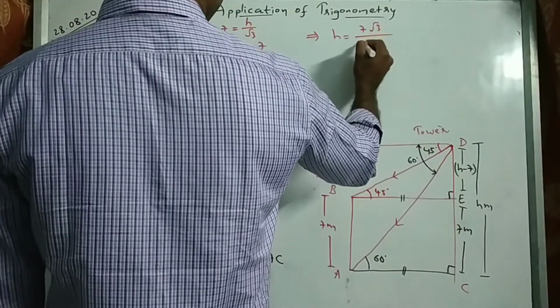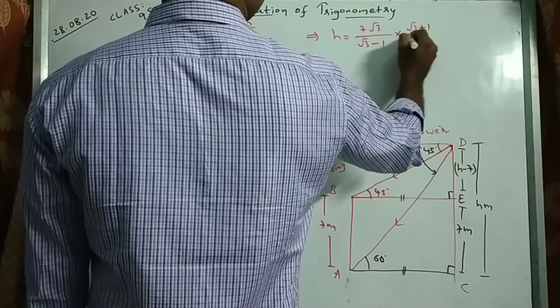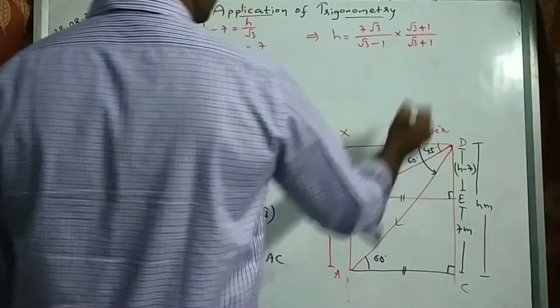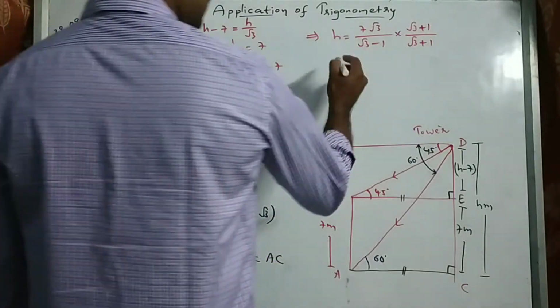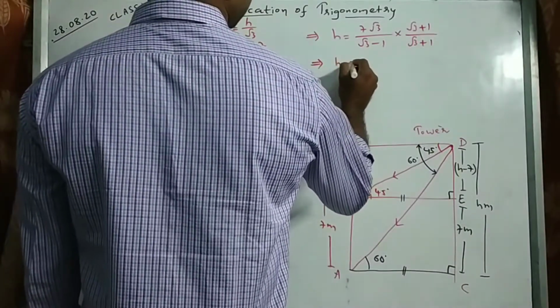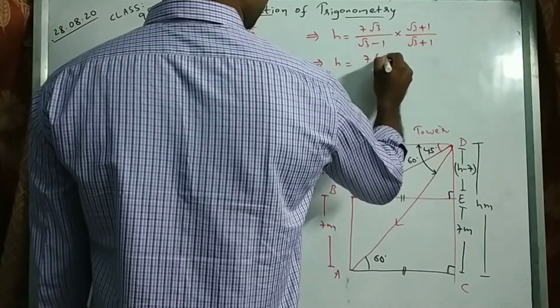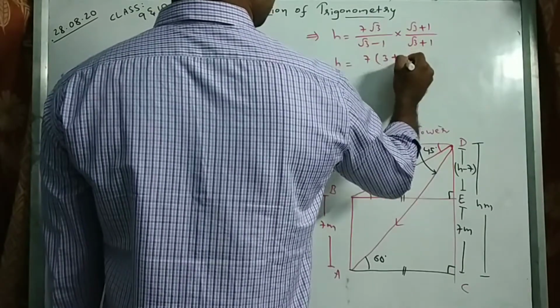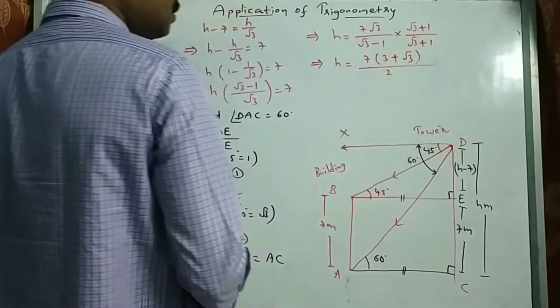7 root 3 by root 3 minus 1, into root 3 plus 1 by root 3 plus 1. Take the rationalizing factor. RF of root 3 minus 1 is root 3 plus 1. Right? So h equal to 7 root 3 makes 3 plus root 3 upon 3 minus 1, how much? 2.